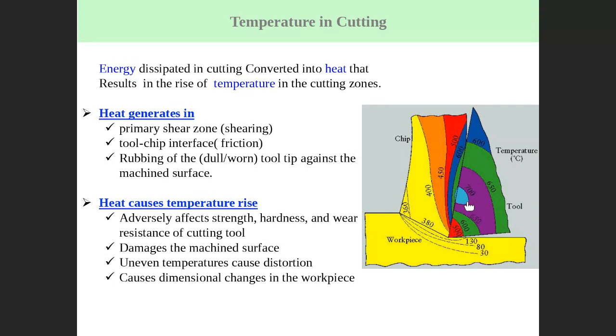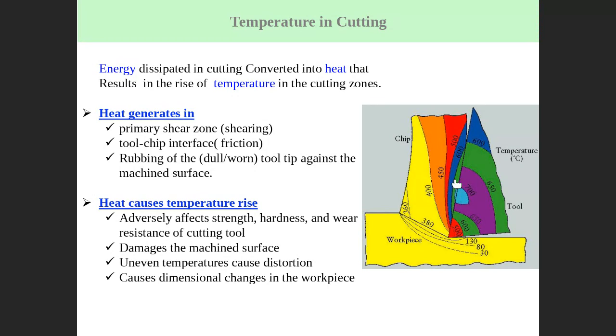A more severe effect occurs if the temperature here increases significantly. Some elemental migration happens between the tool and the chip. The hard particles from the tool go to the chip, and the soft particles from the chip go to the tool. The tool becomes softer, and this will damage the tool as well.